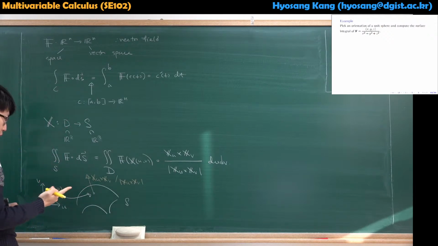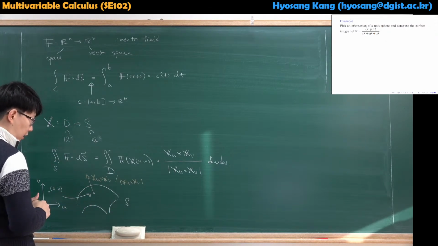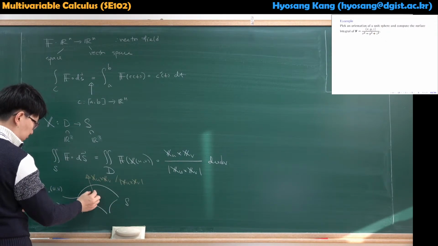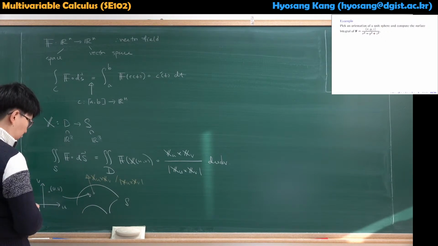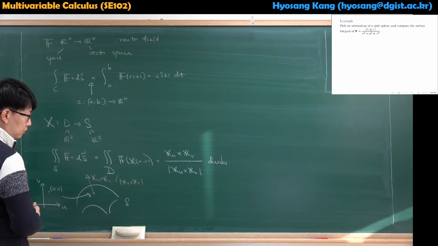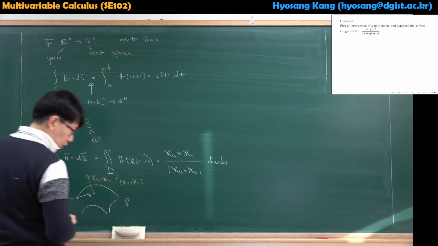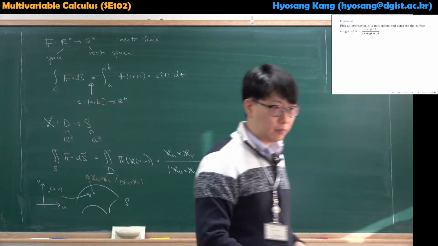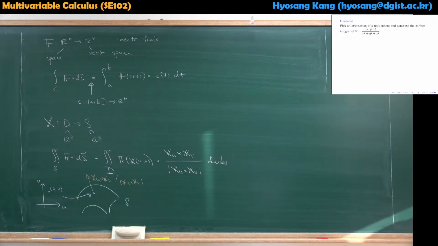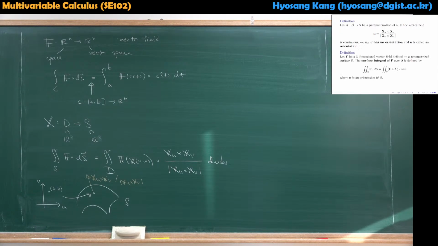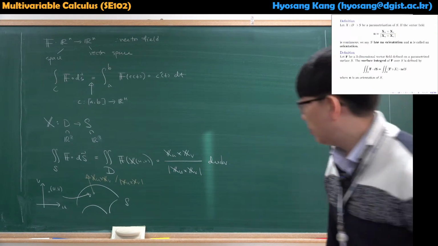So for each point inside of the surface, we take a small area. Right, let me go back to the slide here. I'm sorry, so I made a mistake here.